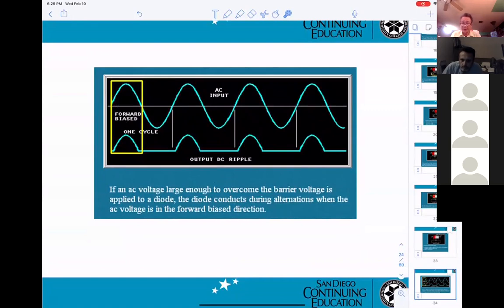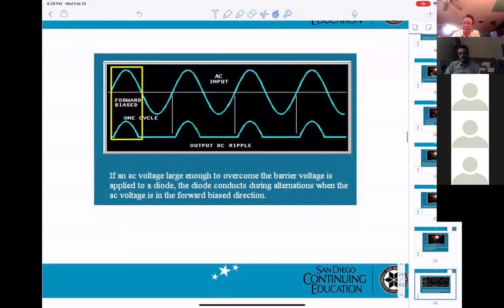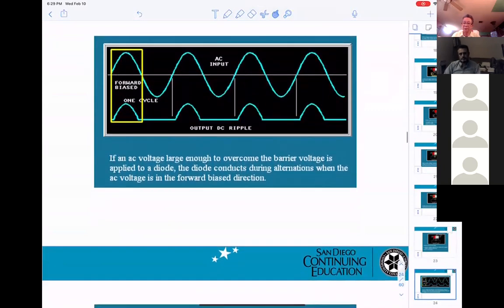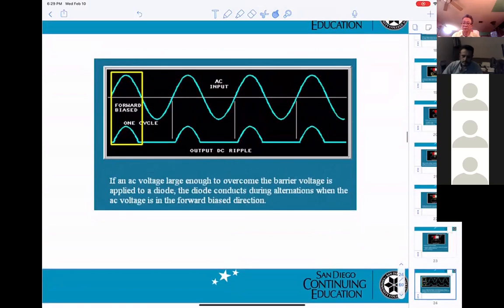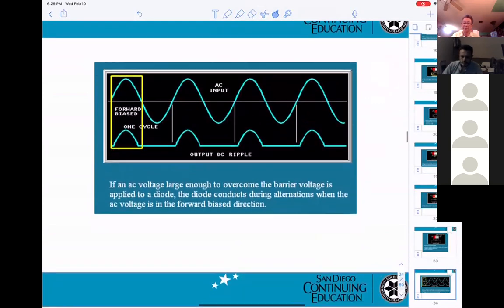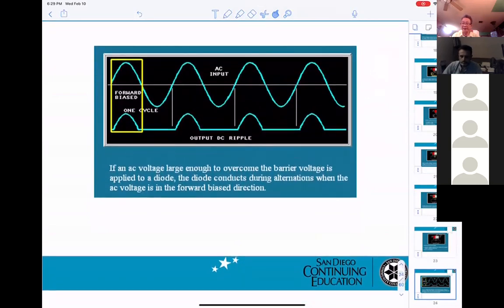Okay. Now you can see you get a sine wave. This is a sine wave here. When it's applied to the diode, it is easy to recognize.